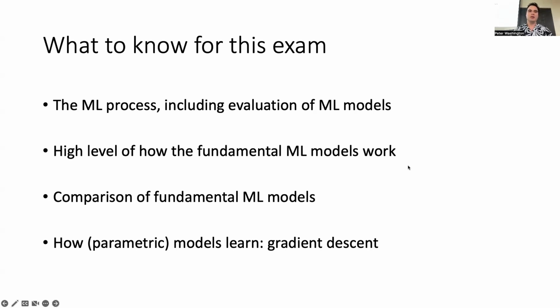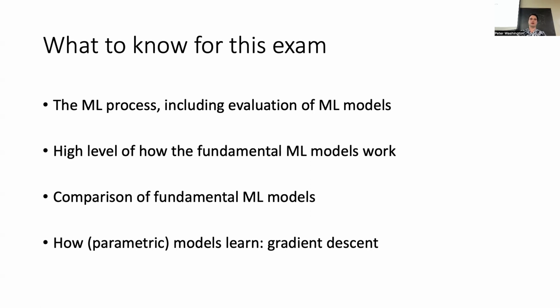Understand at a high level how the fundamental machine learning models work. All the machine learning models that we covered in class, just at a high level, not at a very mathematical level. We'll have example questions today, so you'll see what I mean by that. Know a comparison of these different models: why would you use one model versus the other based on how they work?